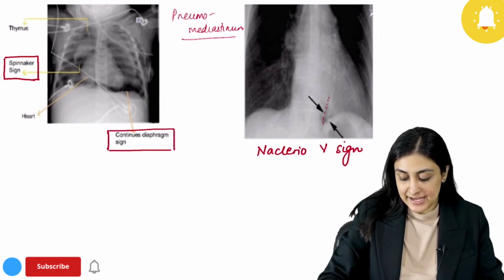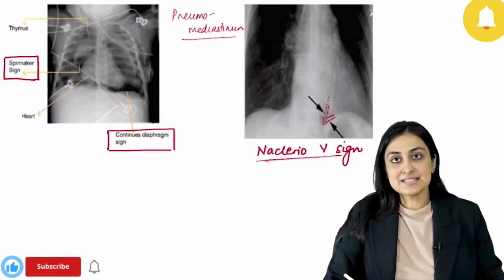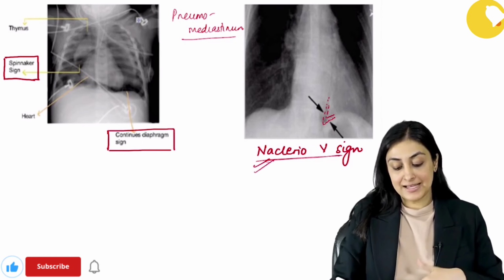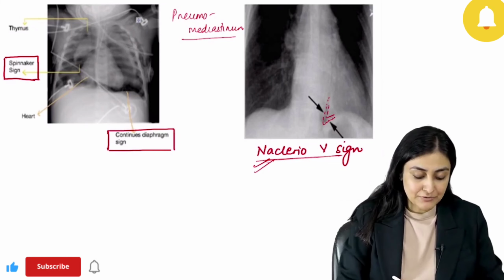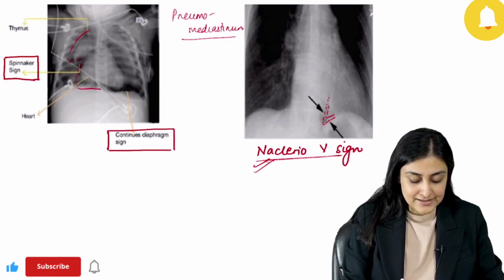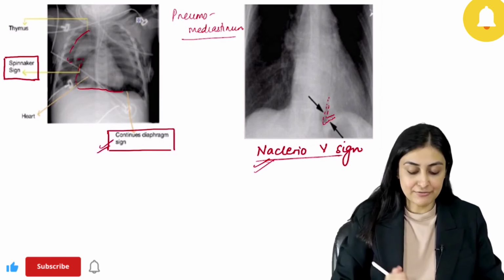So, now what is this sign here? You will see that there is this air fold which looks like a V. This is something which is very, very commonly seen when you have esophageal rupture. Alright, so this Naclerio V sign is again one sign of pneumomediastinum, particularly for esophageal injuries. Apart from that, you will have air outlining the mediastinum. So when it outlines the pericardium inferiorly, that is called the continuous diaphragm sign.